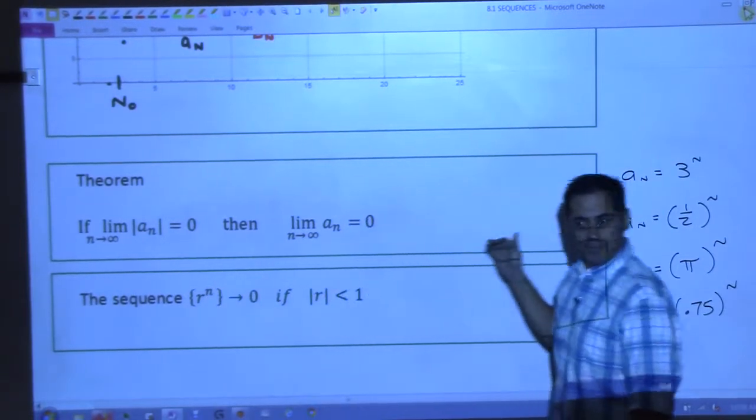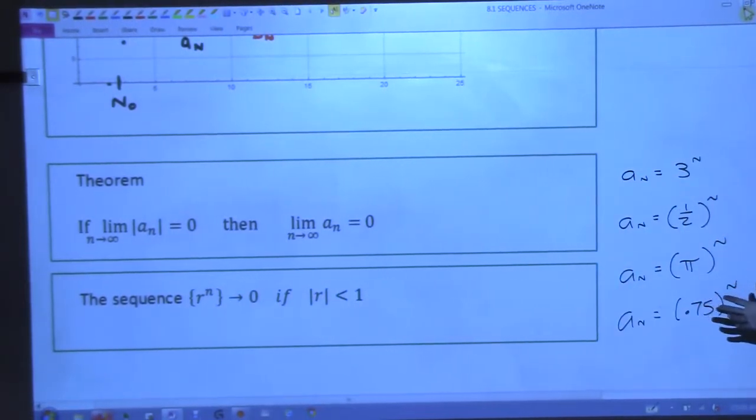Do you all agree? This theorem says that if the absolute value of r is less than 1, it's going to converge to 0. So does this converge to 0? Yes. Does that one converge to 0? Yes, because this number's absolute value is less than 1. What if I made that negative? Still converges to 0. Doesn't matter.